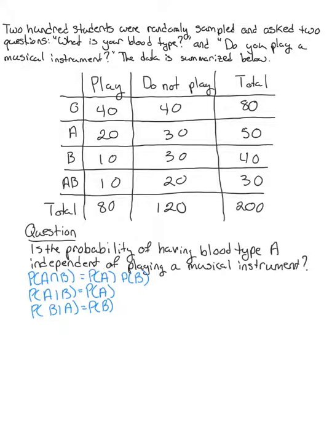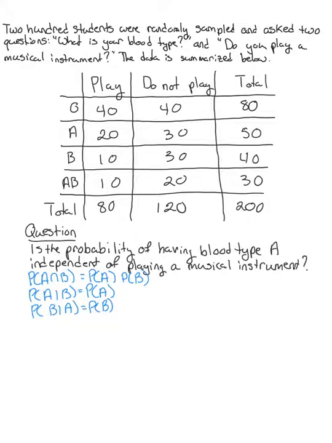All right, so those are the three formulaic definitions of independence. So what does this mean? Well, first of all, the A and B just represent two different random variables. So here, we could say that A represents the random variable of having blood type A, and B being the random variable of the student playing an instrument.